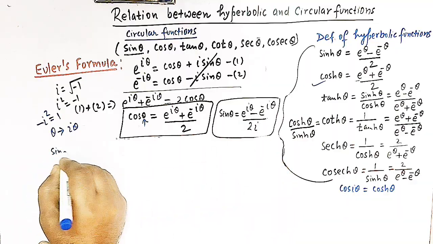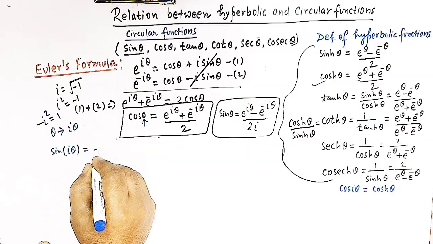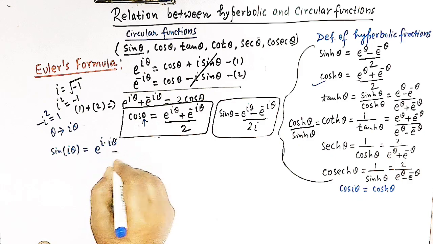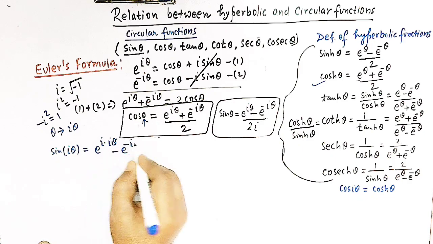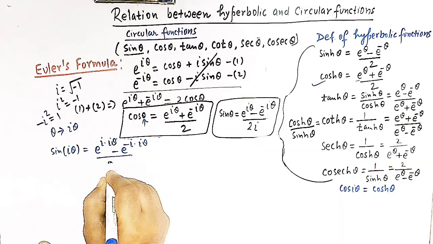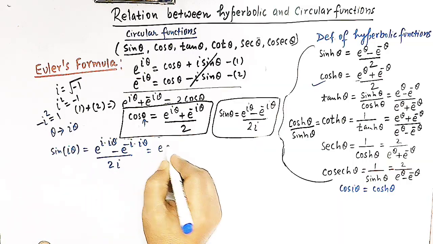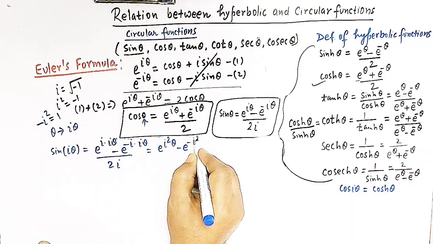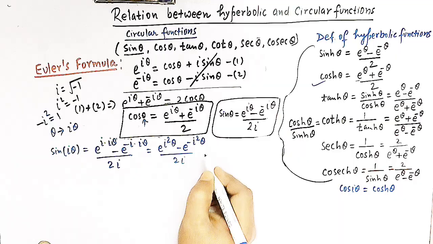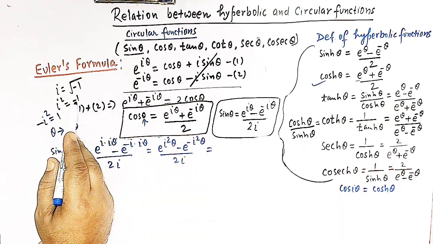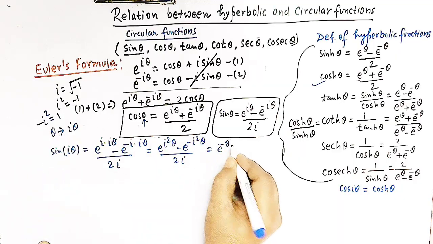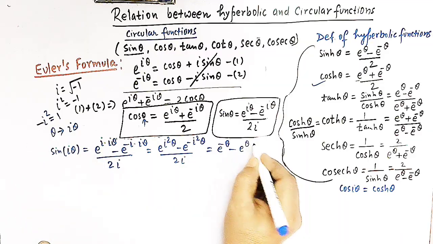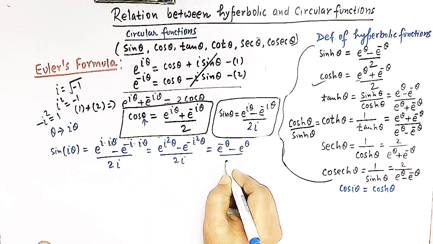So we have sine of i theta, that is equal to e raised to i times i theta minus e raised to minus i times i theta over 2i. So we have e raised to i square theta minus e raised to minus i square theta over 2i. Now i square is equal to minus 1, so here we have e raised to minus theta, and minus i square is 1, so we have simply theta, and here we have 2i.